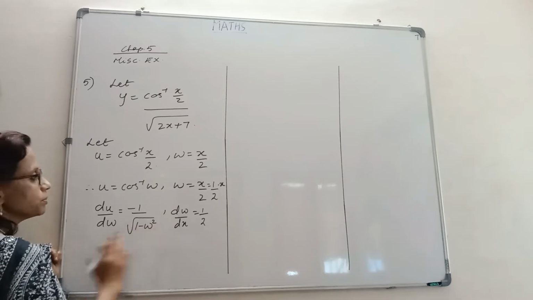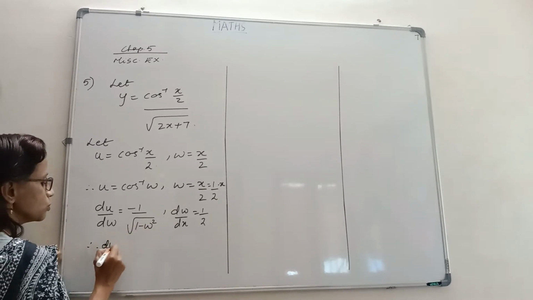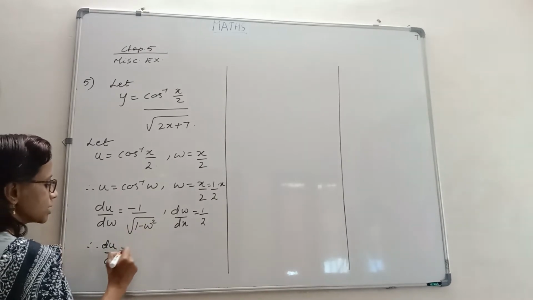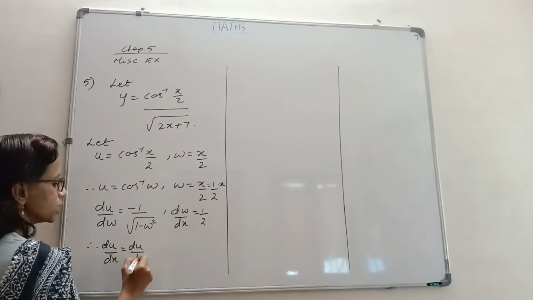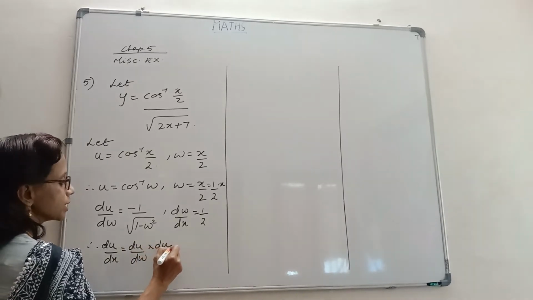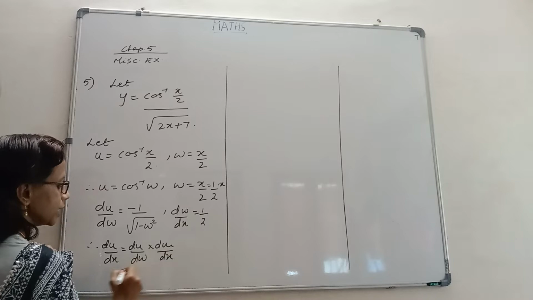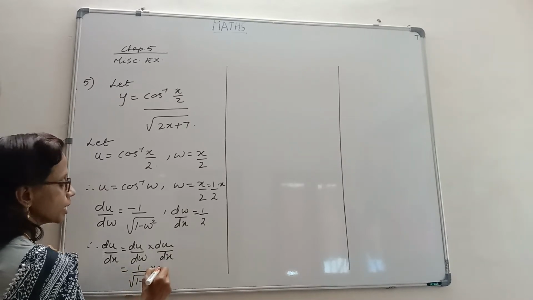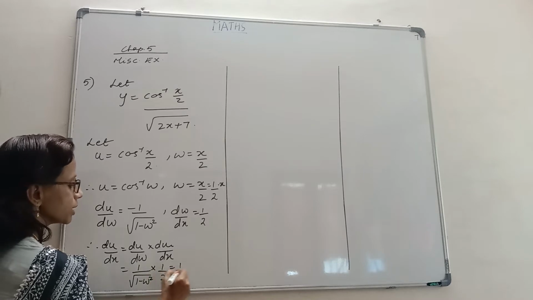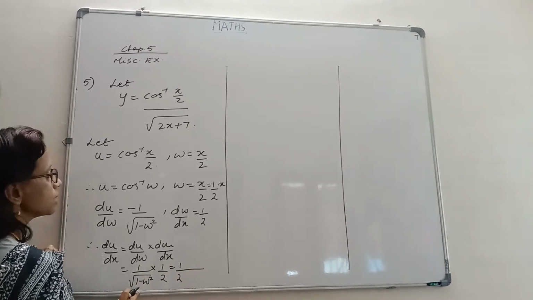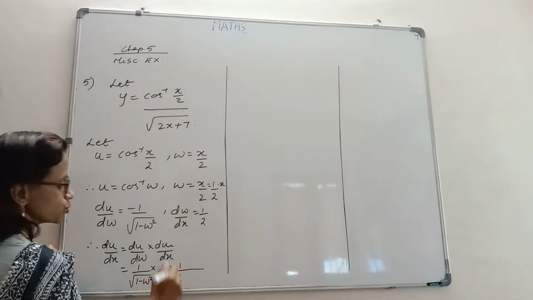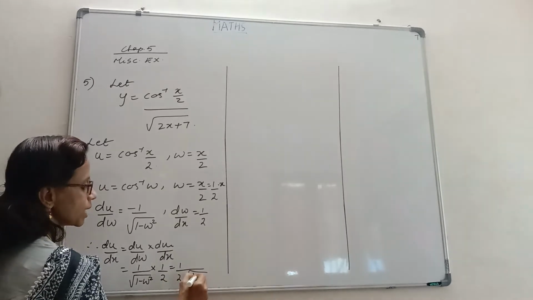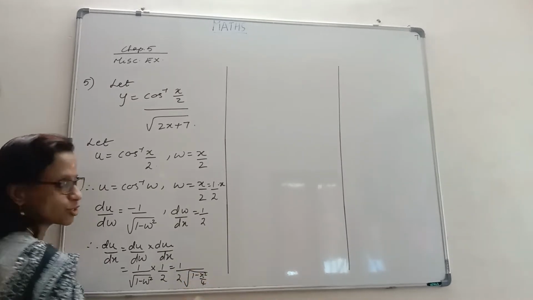Now we club these two derivatives to give du by dx. By the chain rule, du by dx is du by dw into dw by dx. That way it will be minus 1 by root of 1 minus w squared, into half. We could simplify this. 1 minus w squared, where w is x by 2, is 1 minus x squared by 4.